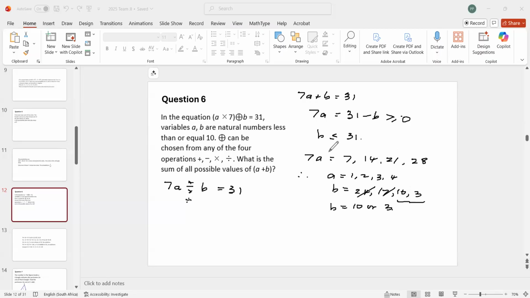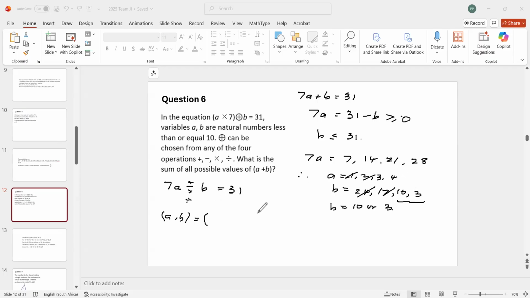So then that is for 7A plus B. So for the very first calculation, you got AB is equal to, A is 1, yeah, those first two are eliminated.